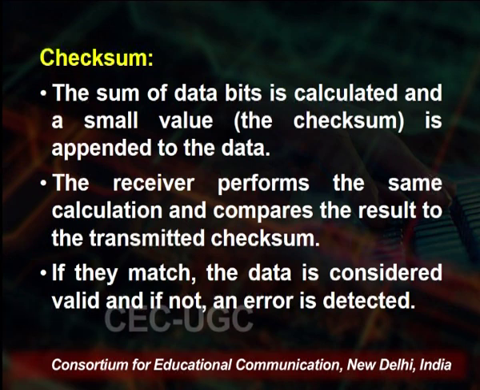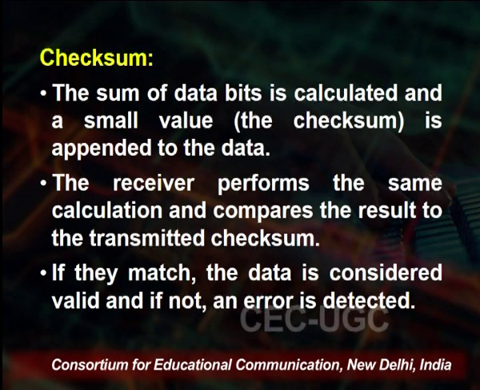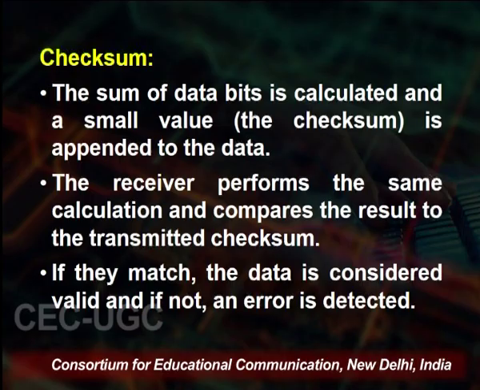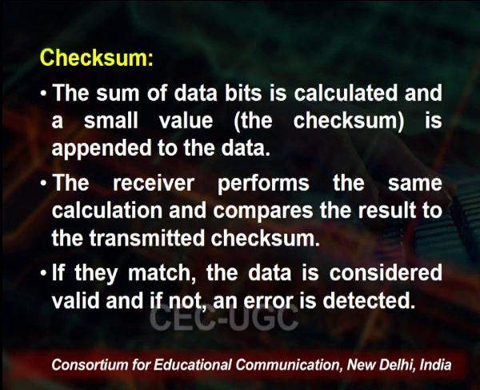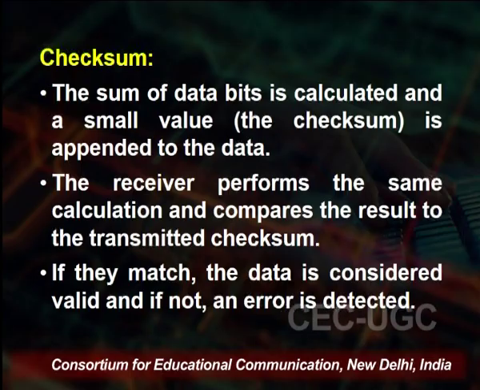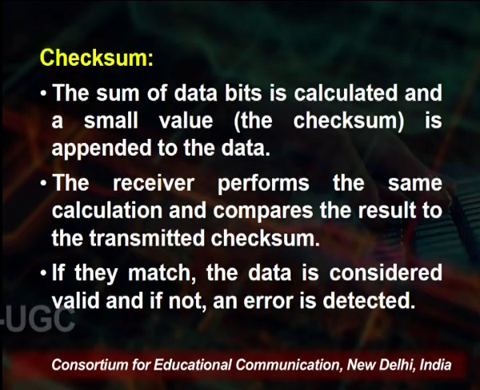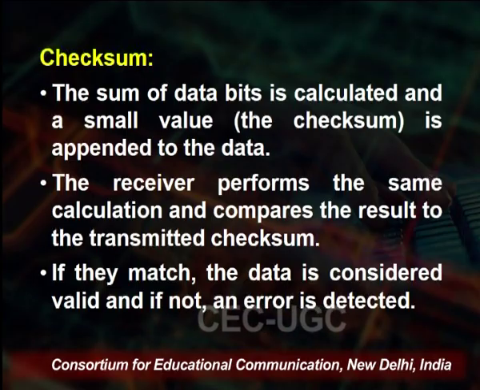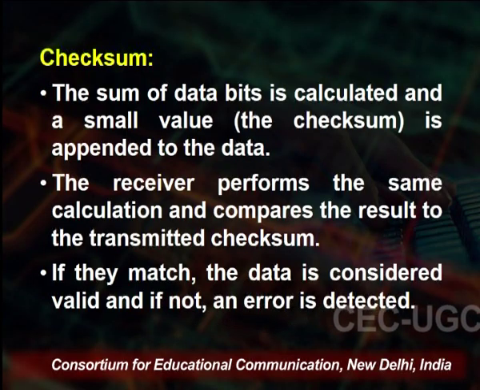The receiver performs the same calculation and compares the result to the transmitted checksum. If the transmitted checksum matches what is calculated at the receiver's end, the data is considered valid, and if not, an error is detected.